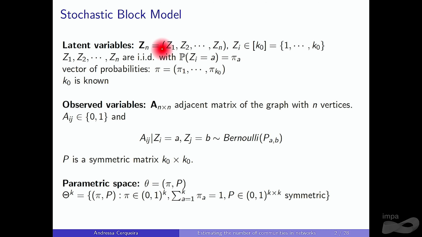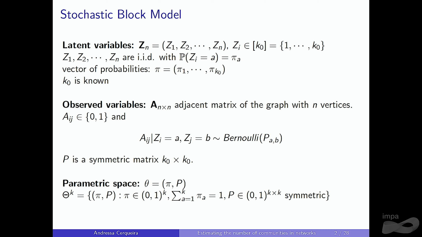The communities are i.i.d. random variables, such that the probability of node i belonging to community a is given by pi_a. So here we have a vector of K0 probabilities, and I'm thinking of K0 as known, at least at this point. We call these variables the latent variables of the model because we don't observe them. They are hidden.